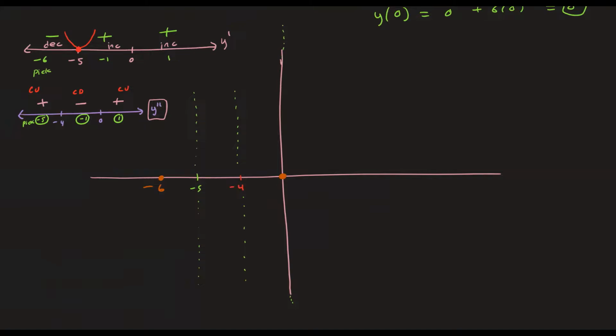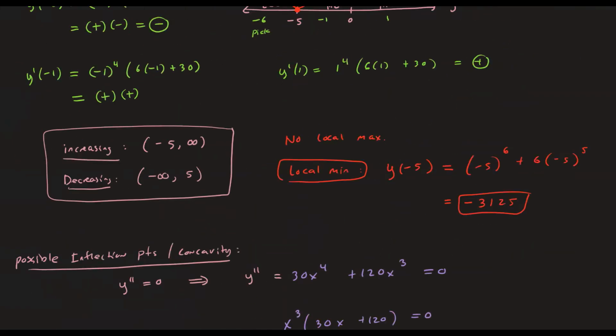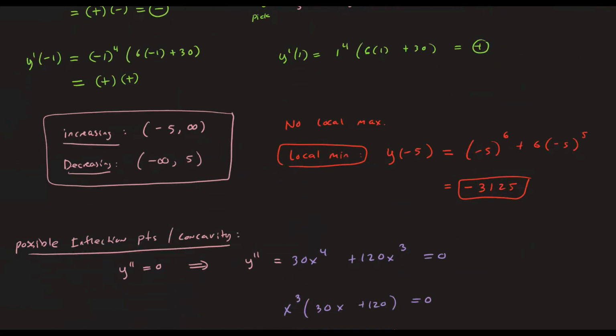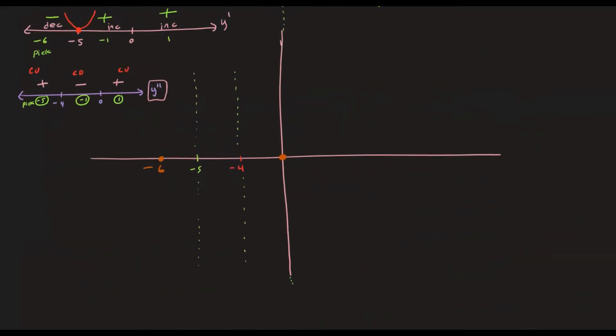So we know our first derivative gave us a local minimum at -5, which is -3,125. So -5 gave us -3,125. That's somewhere all the way down here.